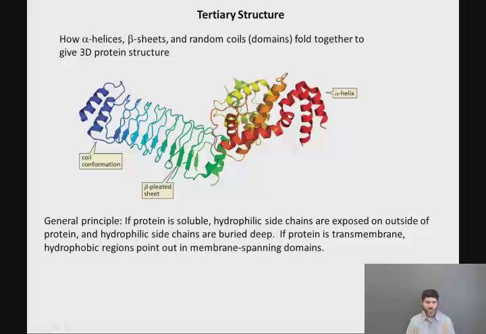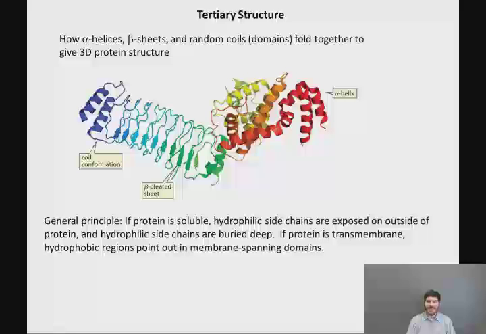So the general principle for tertiary structure is that if a protein is going to be a soluble protein, soluble in the aqueous environment of a cell or bodily fluids, hydrophilic side chains are going to be exposed on the outside of the protein, and the hydrophobic side chains are buried deep.